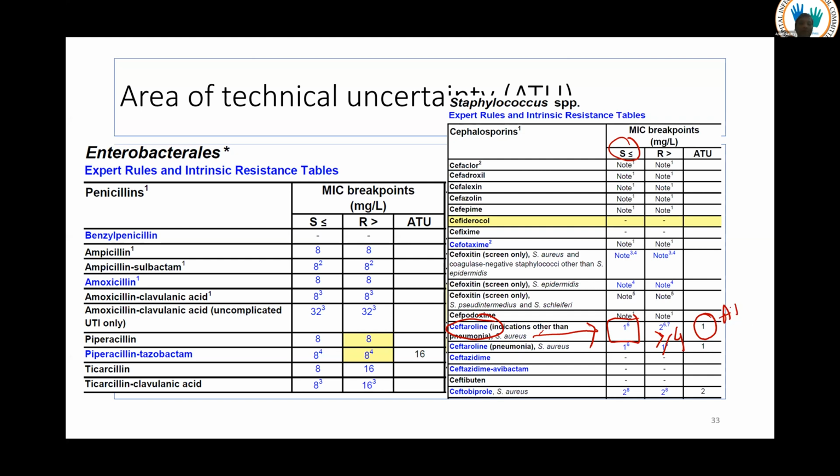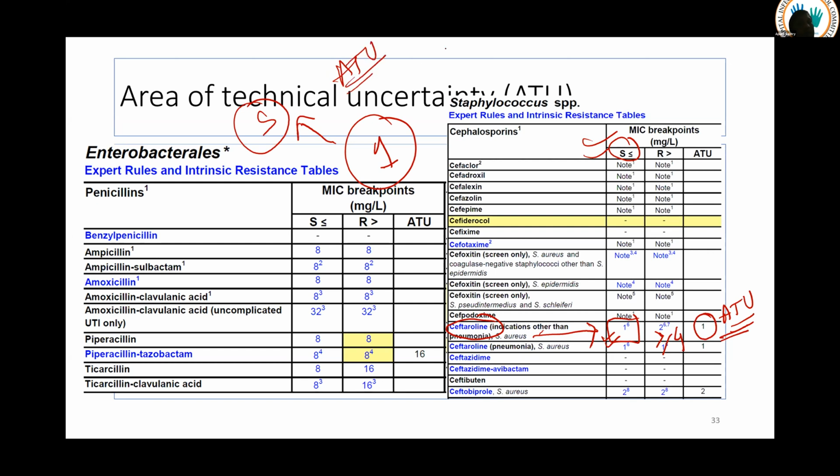That means if you get MIC 1, although ceftaroline MIC 1 is considered as susceptible according to the breakpoint table, 1 is also an ATU category. So if you get 1, then you cannot reliably say that it is susceptible. It may be an area of technical uncertainty.